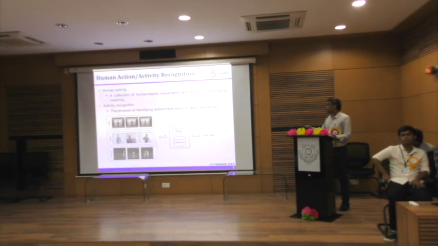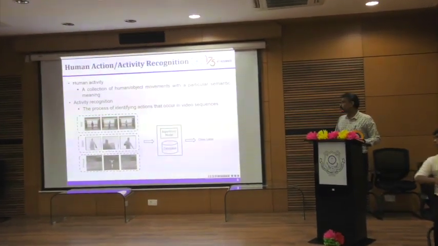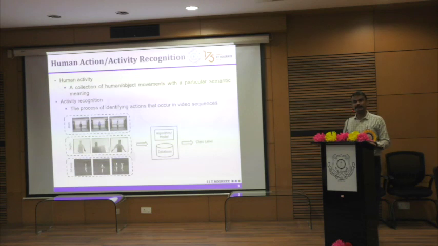For example, here in the RGB video you can see a simulation. A person is throwing the ball, another person is hitting the ball, and the third one is collecting the ball. Suppose I want to analyze a T20 match video, almost 3 to 3.5 hours long. The problem is to determine the frames where the batsman is hitting sixes.